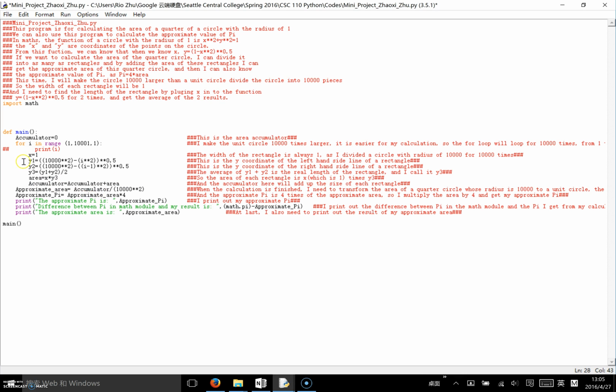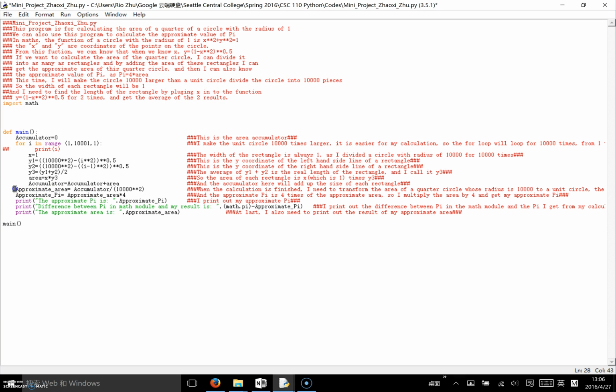When the for loop ends, I get the approximate area of the quarter circle with the radius of 10,000. That is much bigger than a unit circle, right? So if I need to get the approximate area of a unit circle, I need to divide the result by the radius times itself.